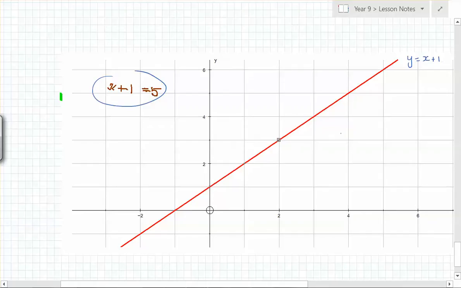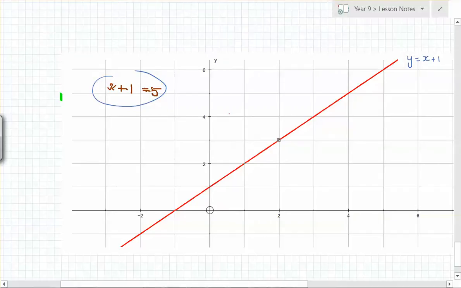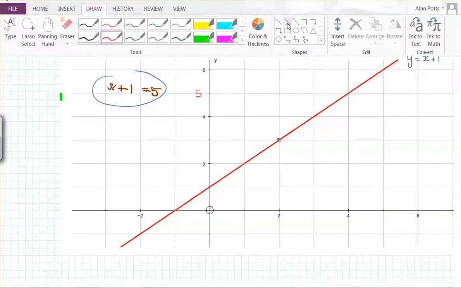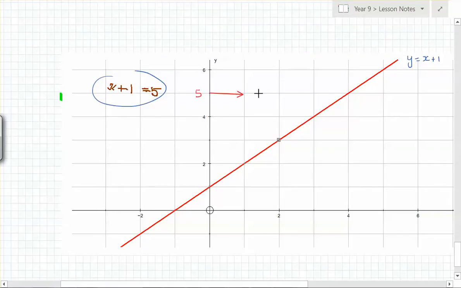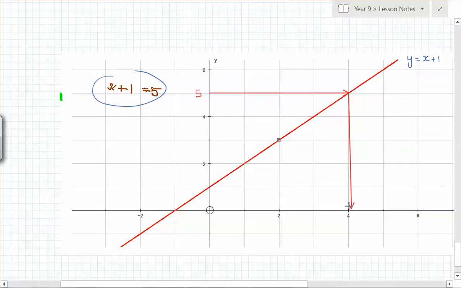Millie, what do you do? x equals 4. We go to find the 5, we read across to where it hits the line, you go down and it comes to 4. Exactly. So there's the solution.